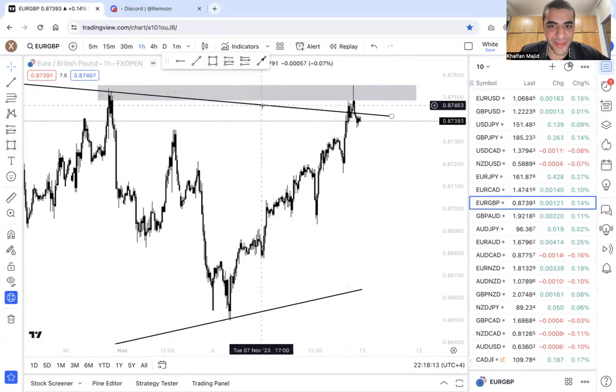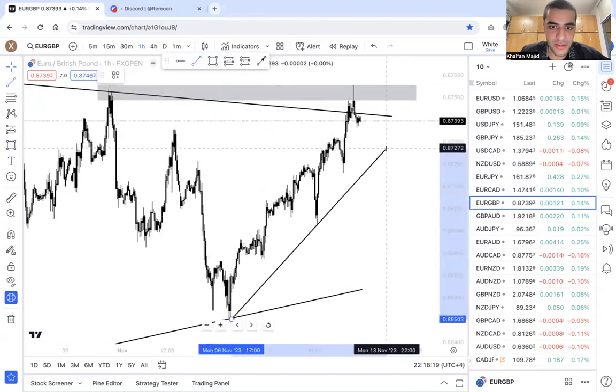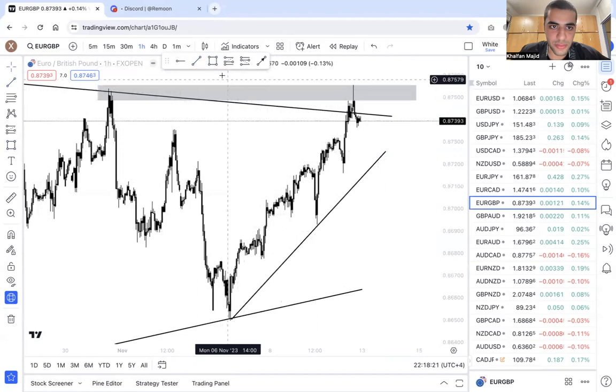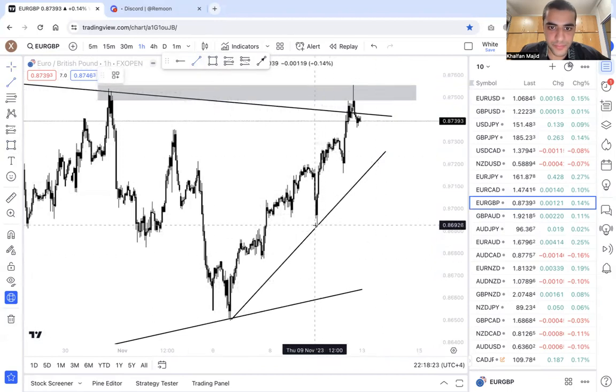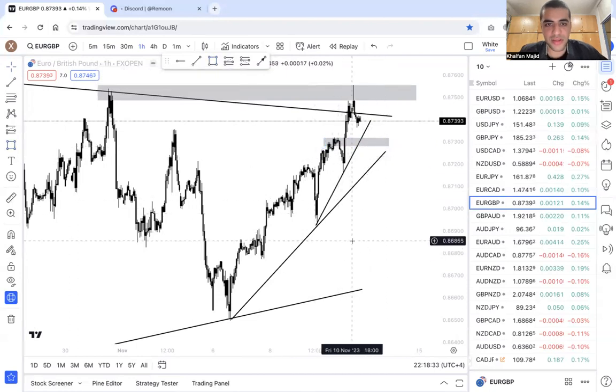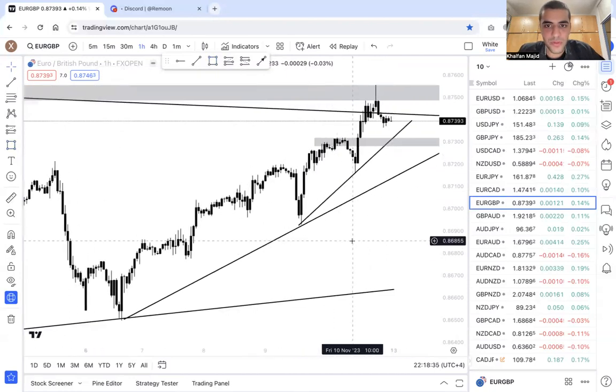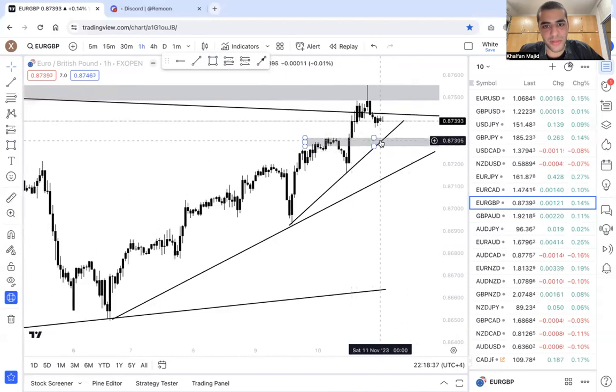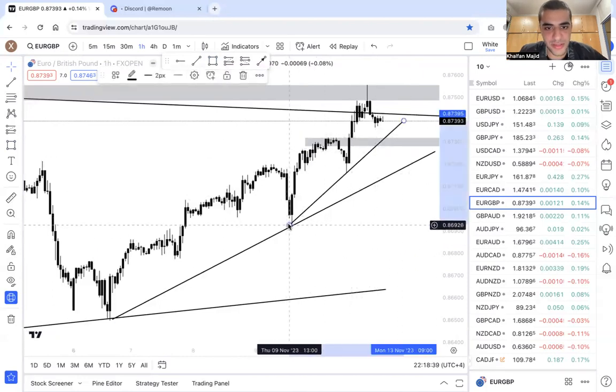You don't want to gamble on it. And this could be a break and retest. You see how good the candles are going. This one, yeah, it could work out, but I'm not very sure about it.